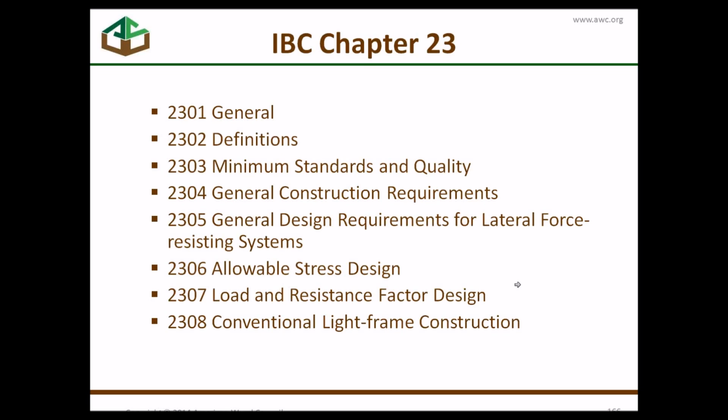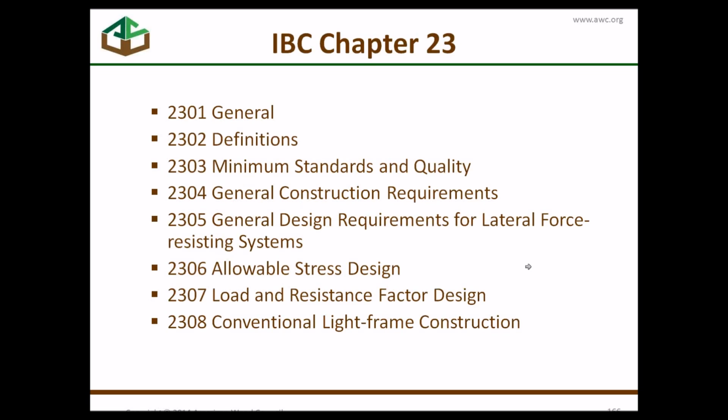You've got the provisions in the NDS for designing all the elements of a wood building, and that in turn sends you, for your lateral load design, 2305, will send you to the special design provisions for wind and seismic.